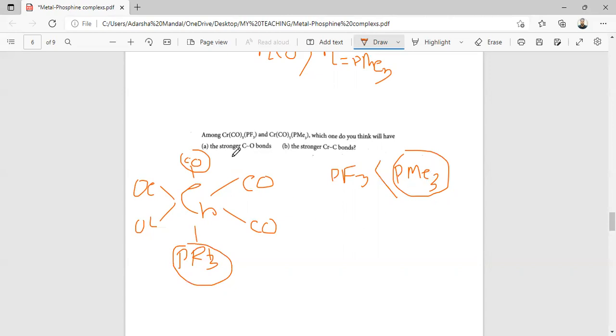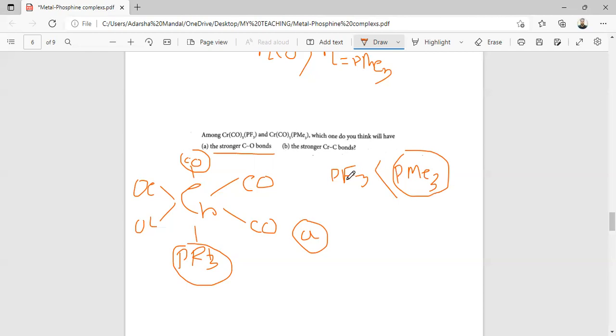So for the first question, which has the stronger CO bond? Stronger CO bond means there is less back bonding from the metal to carbonyl. So in this case, for question A, PF3 reduces the electron density from the metal center more compared to the PMe3.